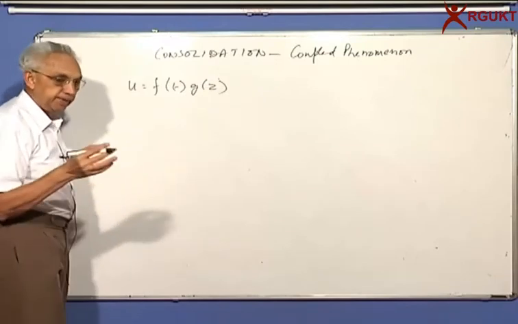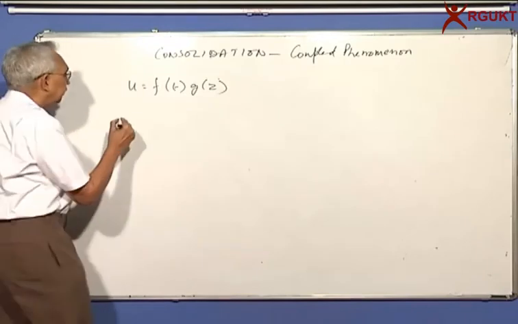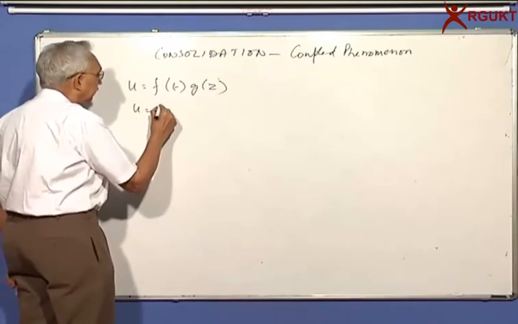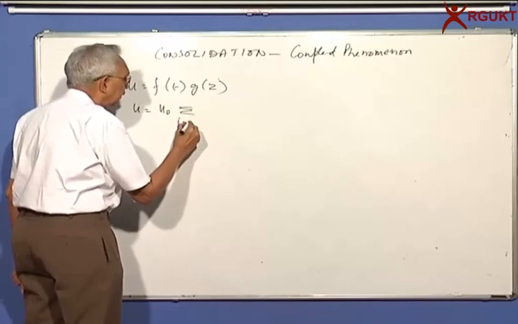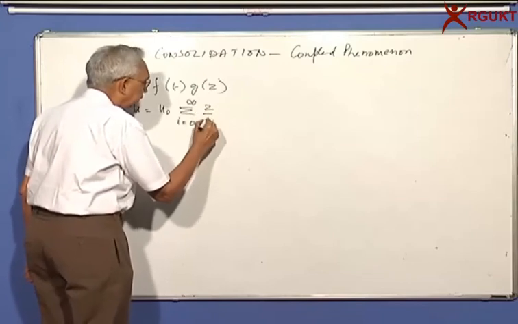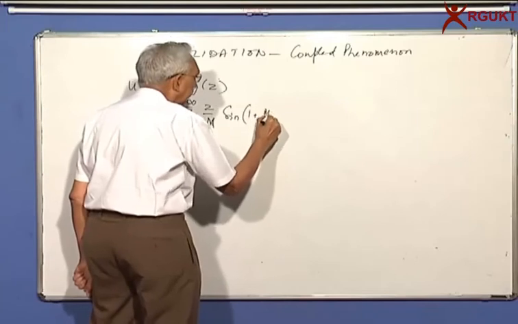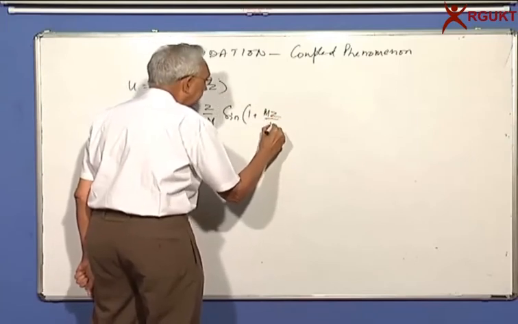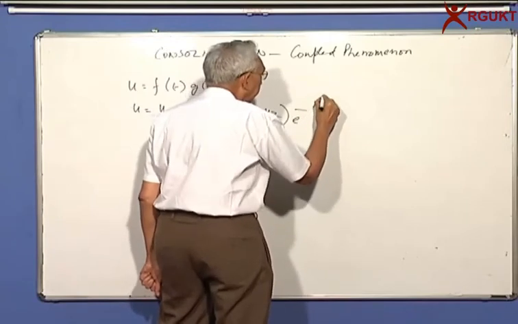You will find it in a textbook or from your own background in mathematics. You can say u is equal to u naught, summation from 0 to infinity, 2 by m, sine of (mz by h), e to the power of minus m square.